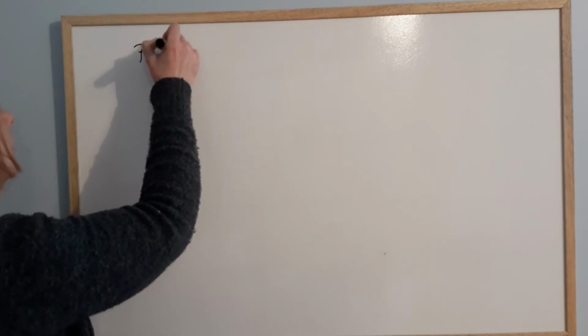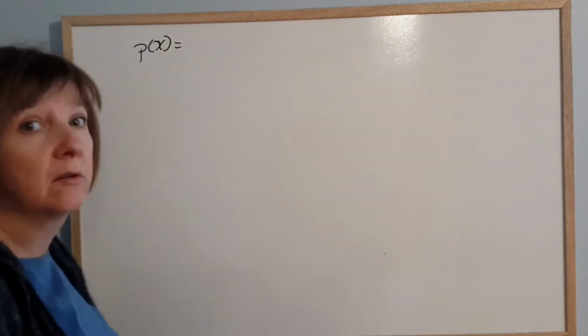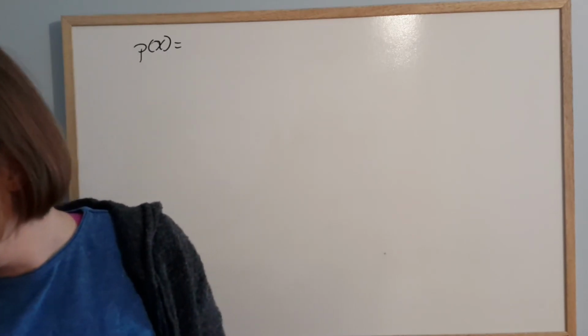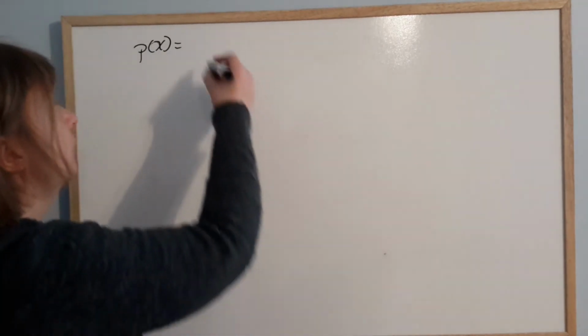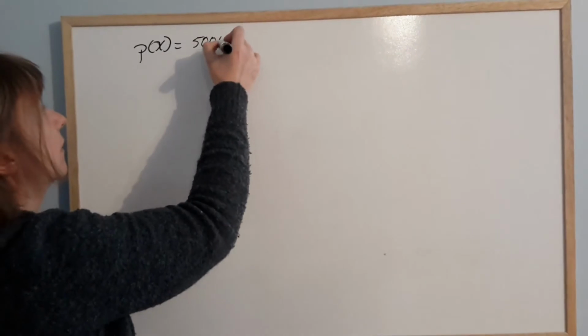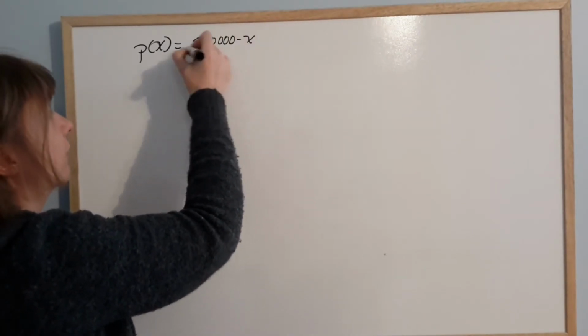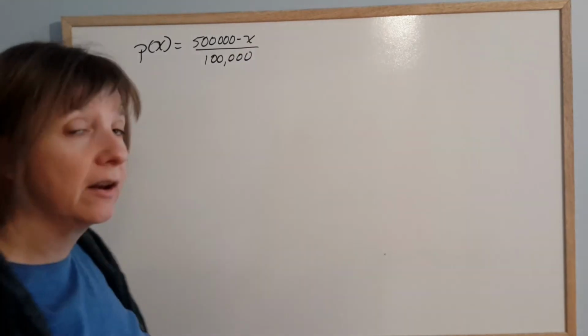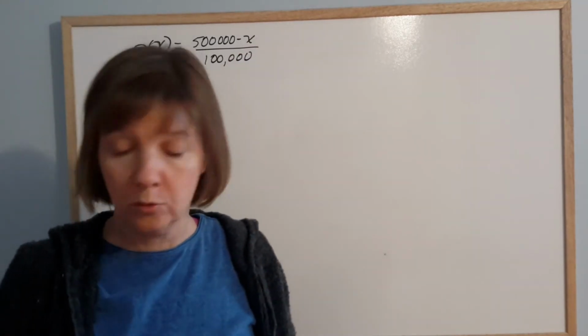So little p for price or demand, same thing. It's an interchangeable word in economics. P is 500,000 minus x, over 100,000. That is the formula for figuring out the price.